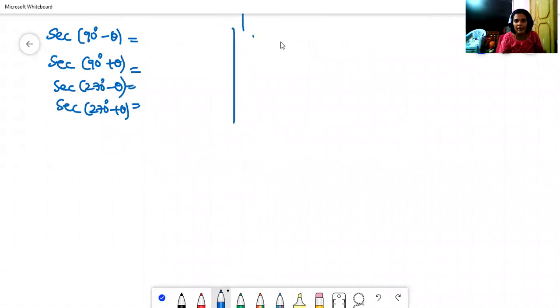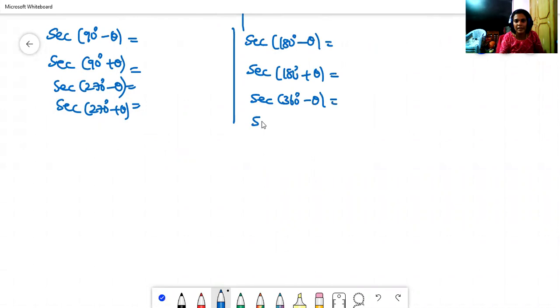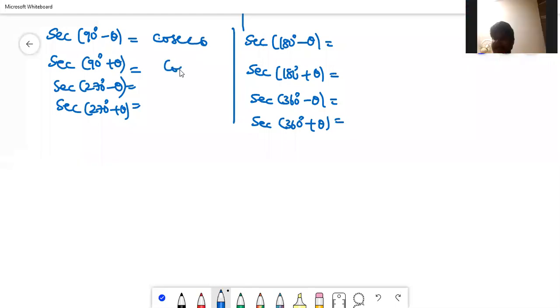Sec 180 degrees minus theta, sec 180 degrees plus theta, sec 360 degrees minus theta, sec 360 degrees plus theta. Again, for 90 and 270, sec becomes cosec.